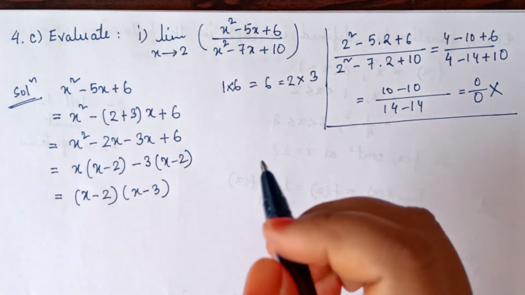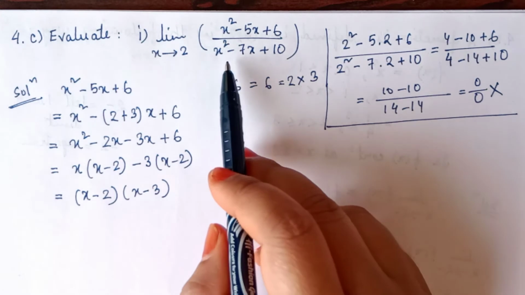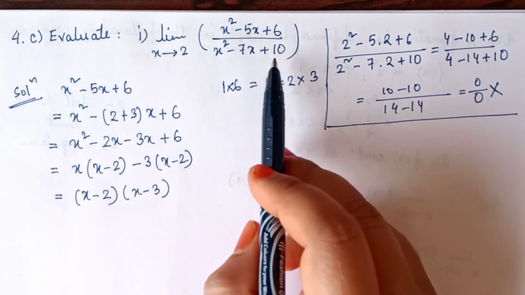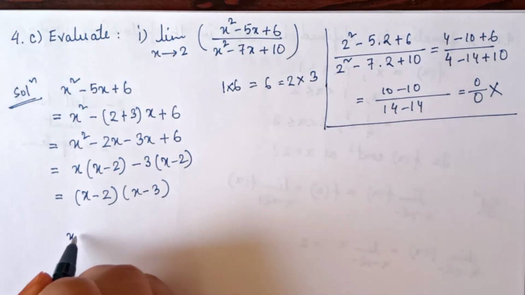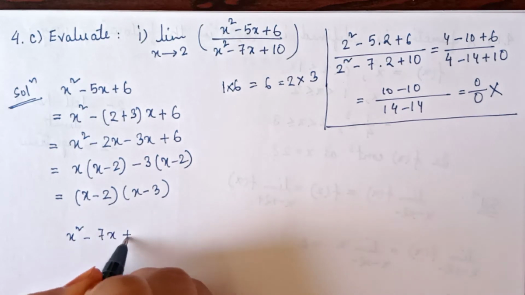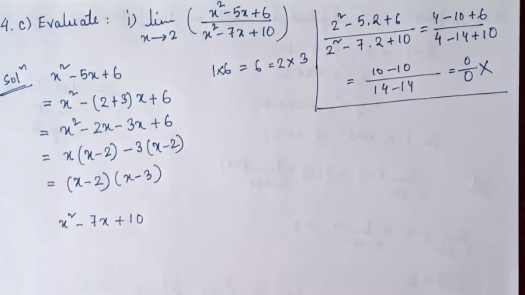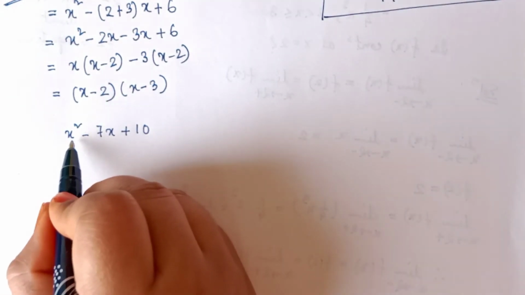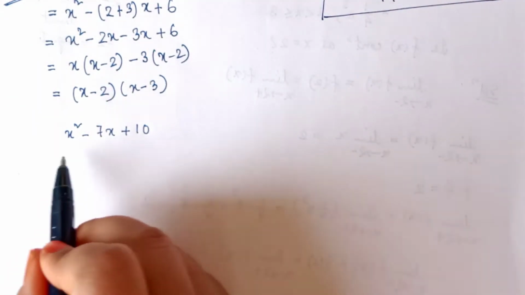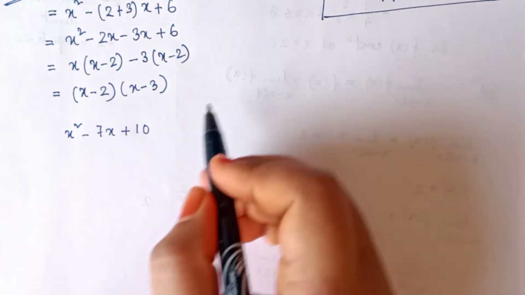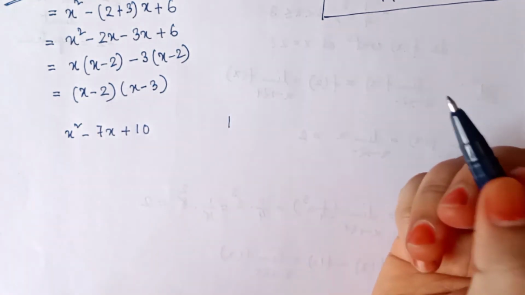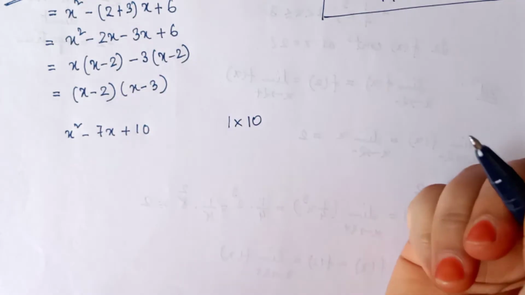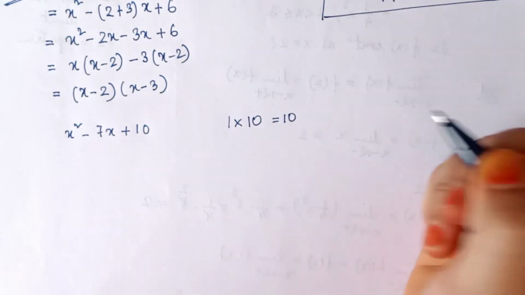Okay, now let us factorize the next expression, x square minus 7x plus 10. First of all, we have to find the product of the coefficient of x square and the constant value. The coefficient of x square is 1 and the constant value is 10, so the product will be 10.